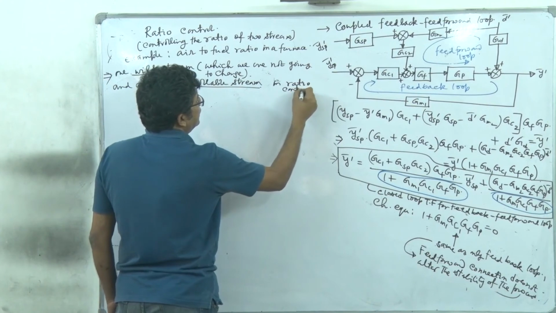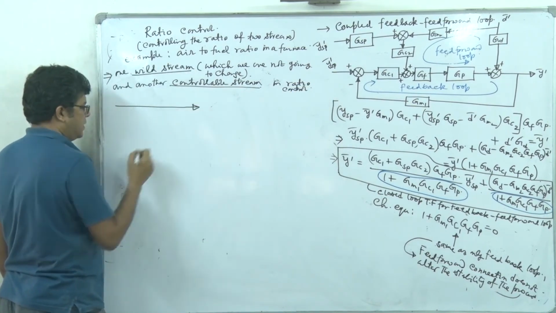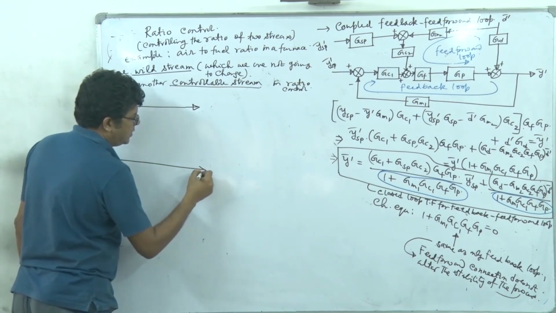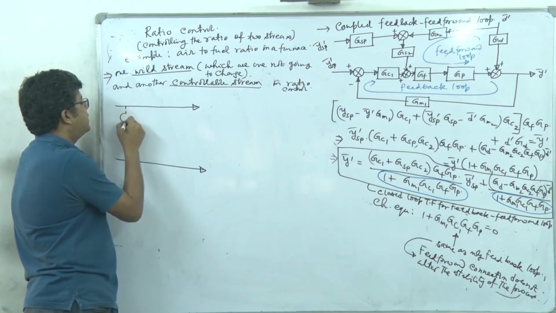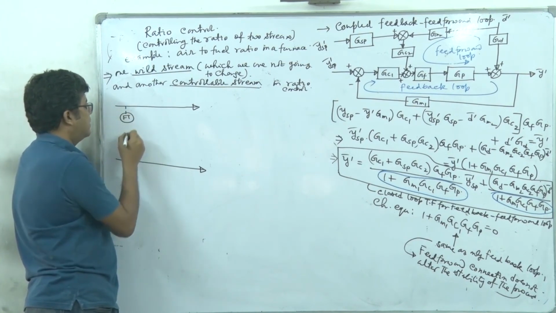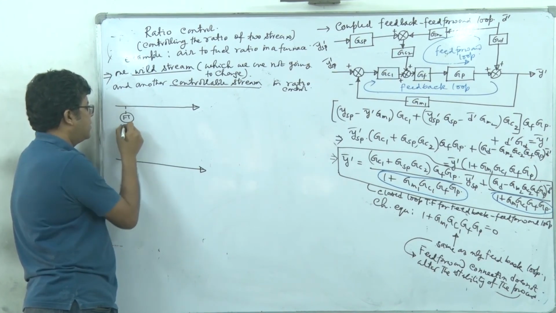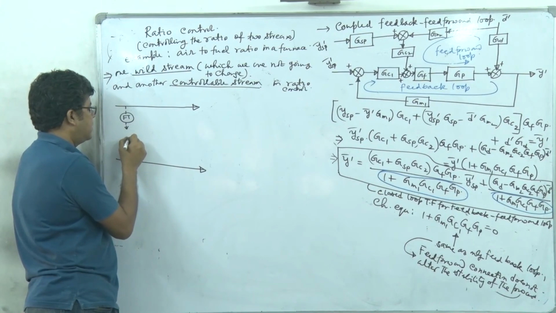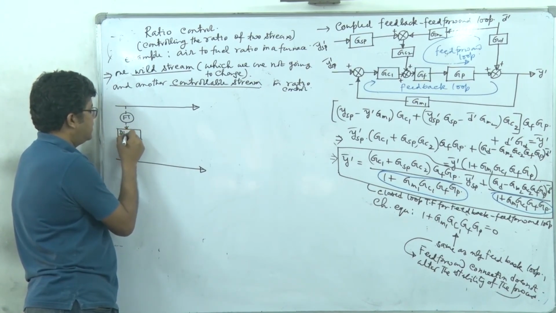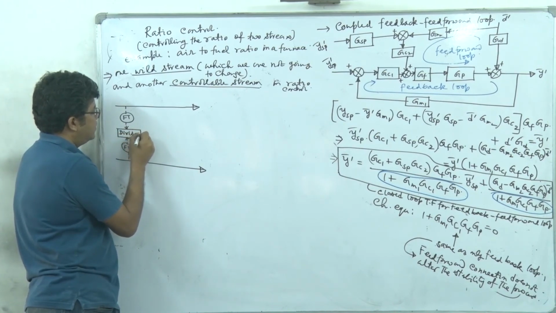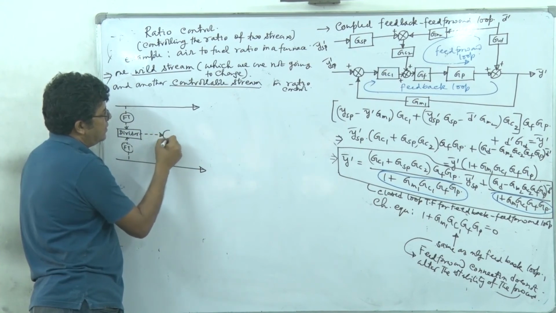Right. So there are two strategies. The first one, let's discuss. Here I have the wild stream, here I have the controllable stream. I measure the flow here, and I also measure the flow of the controllable stream. Then an element which divides the flow rates, a divisor, and that is fed to a comparator.